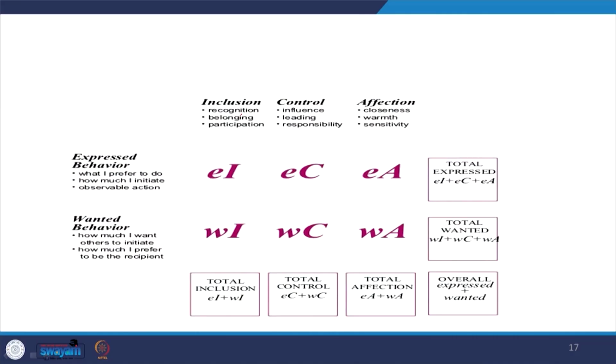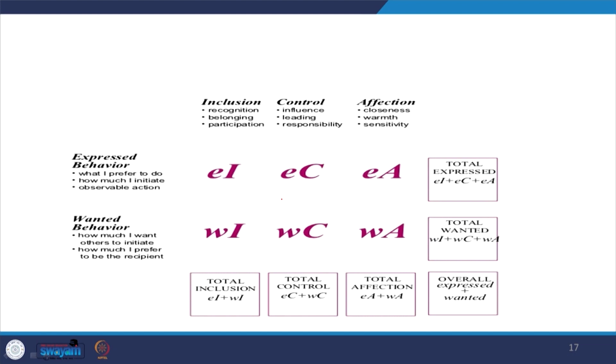Now, here interestingly you will find this EI cell. EI means expressed behavior with inclusion. Whenever we talk about control, it is expressed behavior with control, and therefore we say it is EC, and expressed behavior with affection, so we say EA.